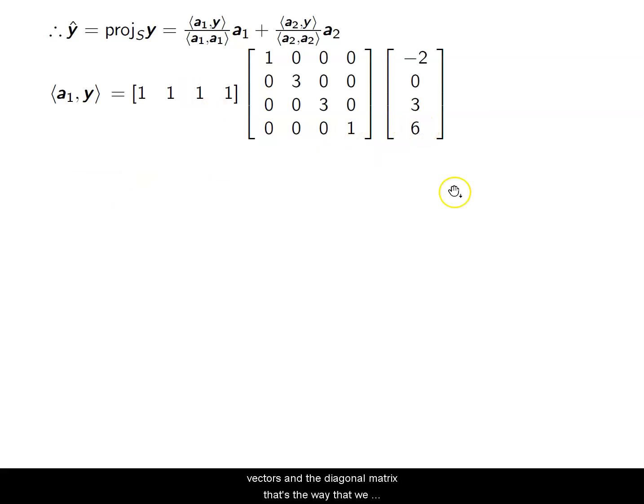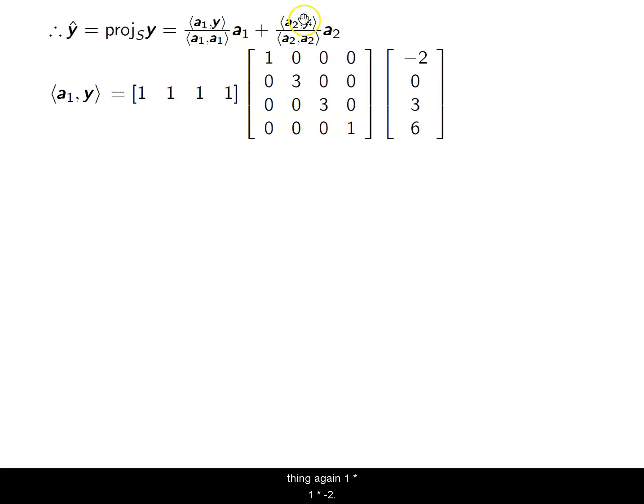That's the easier way to do it without writing out the vectors and the diagonal matrix, and it's the way we really learn the weighted inner product. As I said before, I'm just going to use this matrix and vector form so that you're familiar with understanding that it's the same thing.